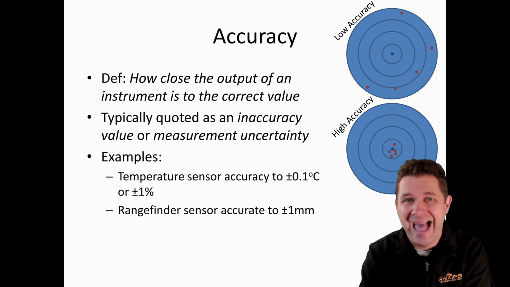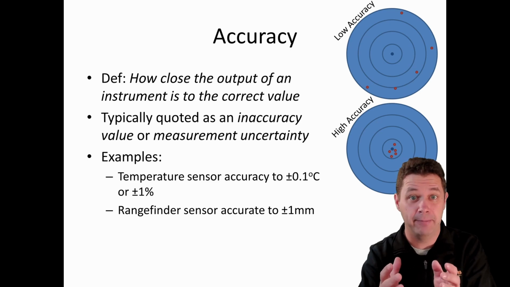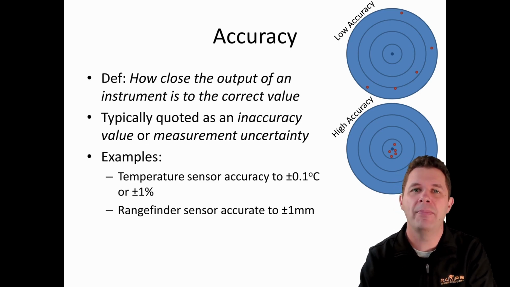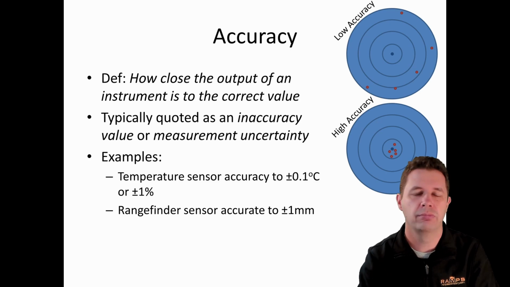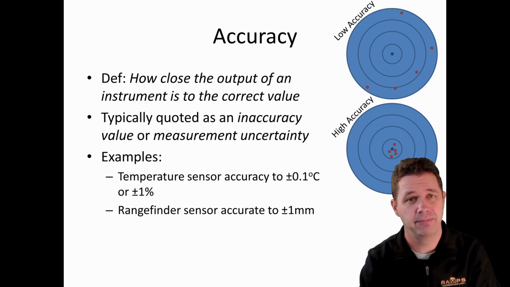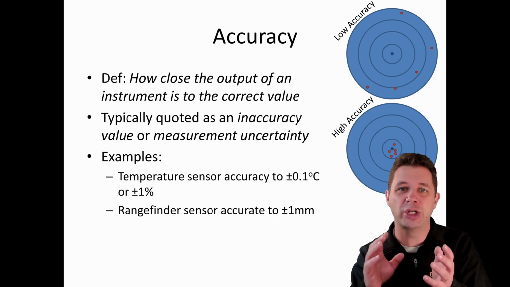Now, an accurate sensor might be giving us values of 25.0, 25.1, 25.0, 24.9, that sort of thing. An inaccurate sensor might be giving us 25.5, 24.5, 25.7, 24.2, 25.1. But they're kind of a bit all over the place, and not many of them are actually near what the true value is.